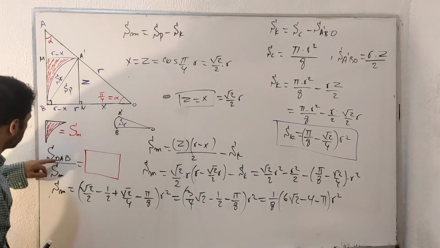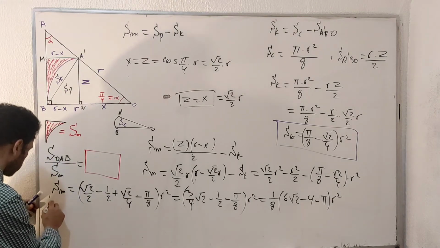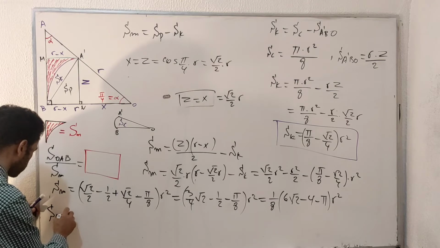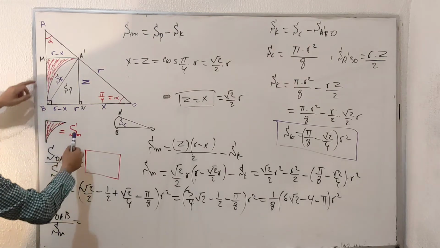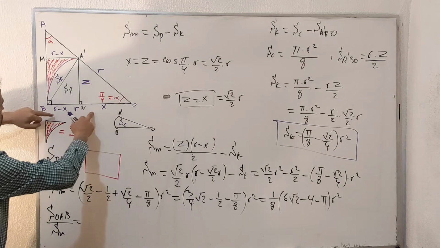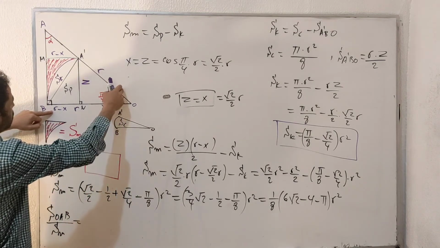So we'll have this fraction, S OAB divided by Sm. So we know the area of this big triangle is base multiplied by height. The base equals r, which is the radius of this sector.